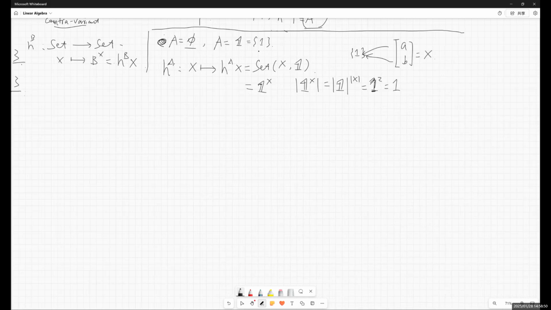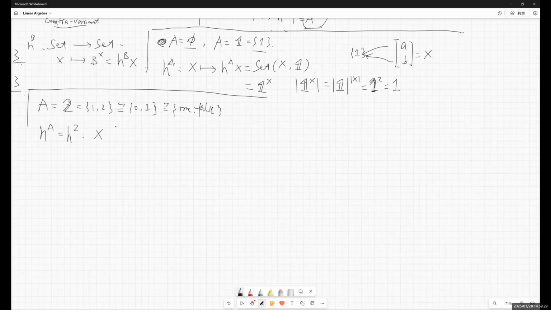Then we have 0, we have 1, and the first non-trivial example is when A equals 2. Let it be {1, 2}, or {0, 1}, or {true, false}. For the binary set, the contravariant hom functor, we can write it as H^2.